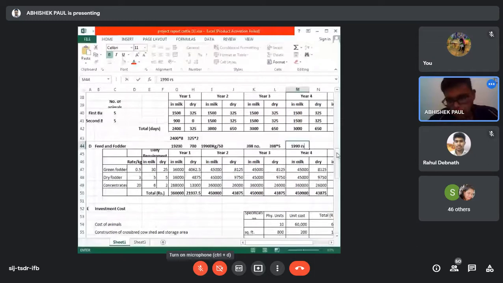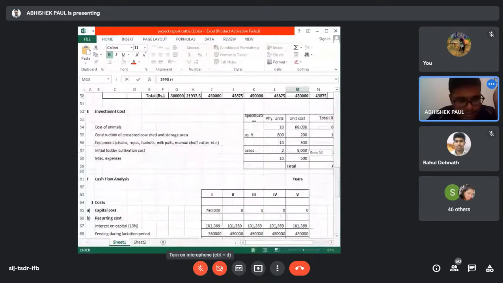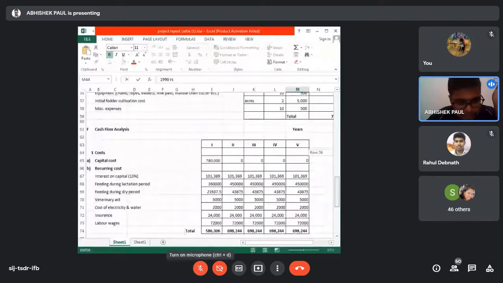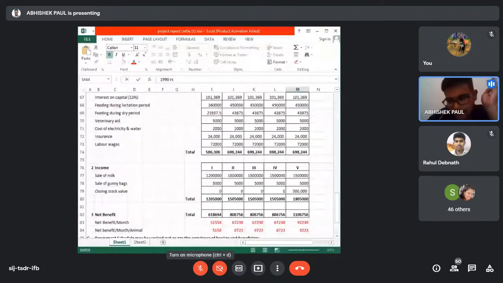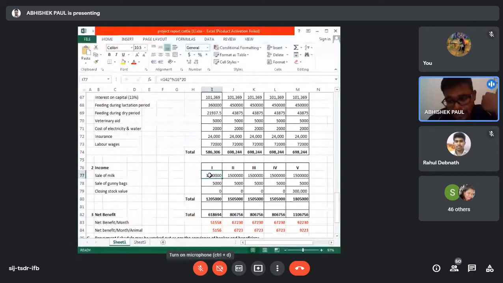So this is also coming under the output. The output is the sale of milk, gunny bags, and the manure. How to calculate the selling of the manure, I will discuss later on, as I don't want to make it too complicated. For your project formulation, first focus on fixed cost and variable cost.